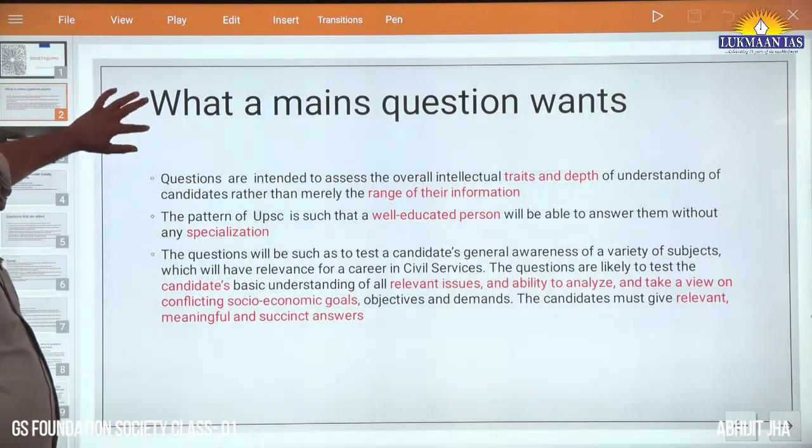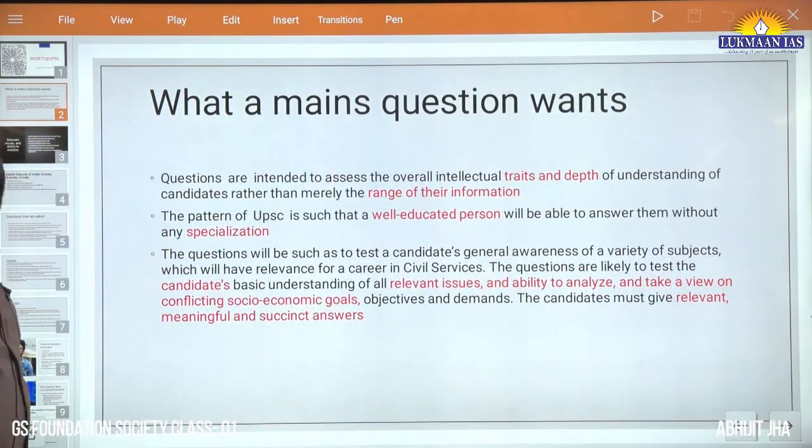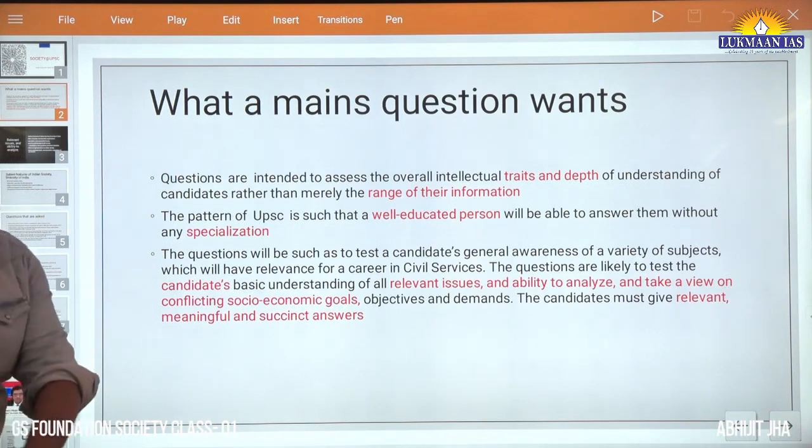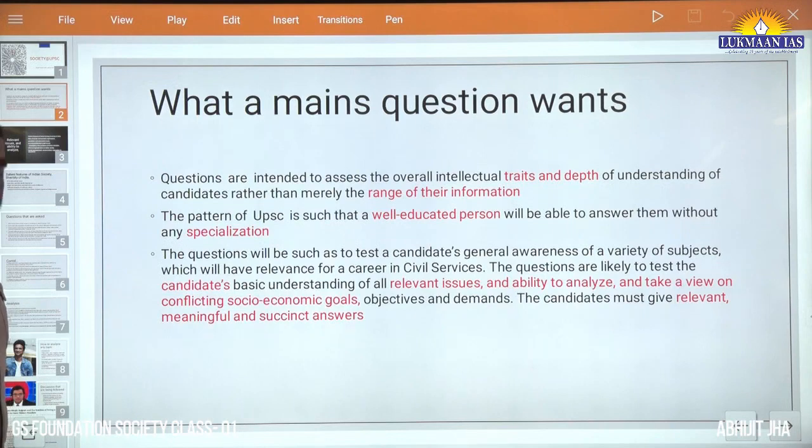Now, the questions are intended to assess your overall intellectual depth and knowledge rather than range of information. Say, for example, if I am asking how traditions are converging with modernity. Okay.